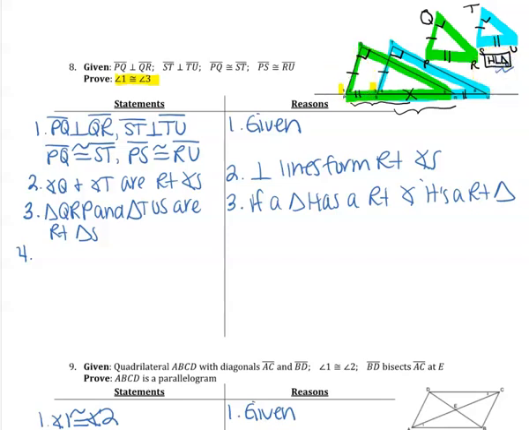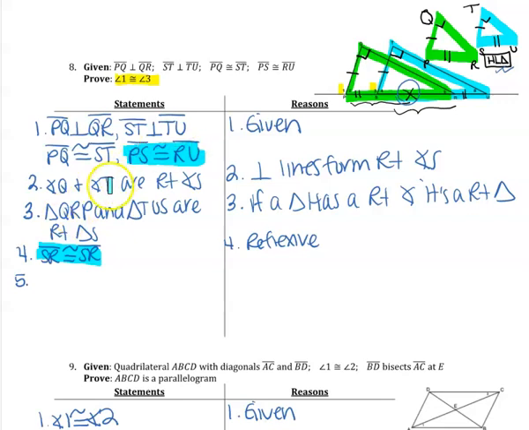So now I have to talk about the hypotenuse, and that's going to take some work because remember I said I needed to do some addition to accomplish that. So first thing I'm going to do is talk about SR being congruent to itself. And that's our reflexive property. Okay, so now the things that I'm going to be adding are SR, but to the congruent pieces that they gave me, which was PS and RU.